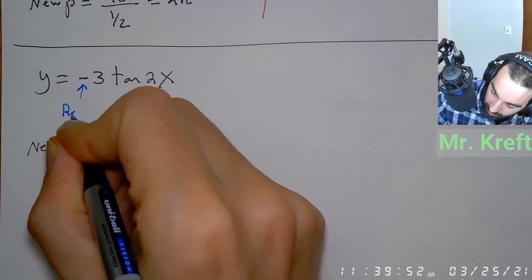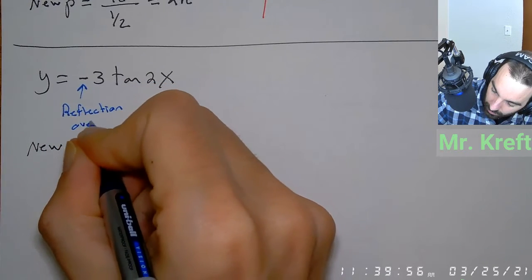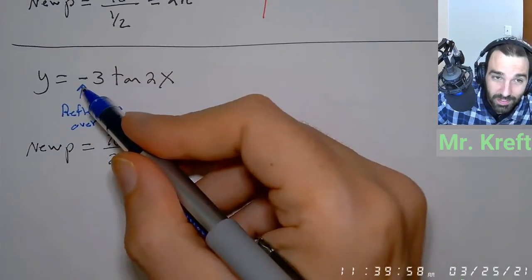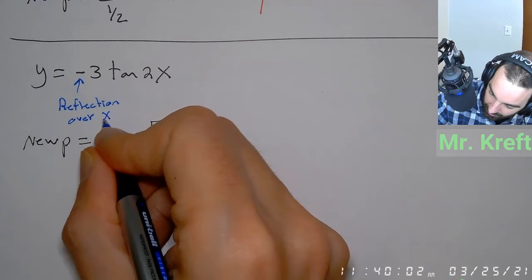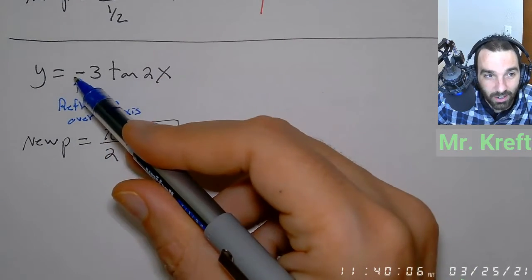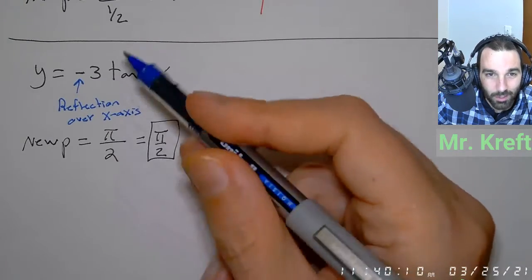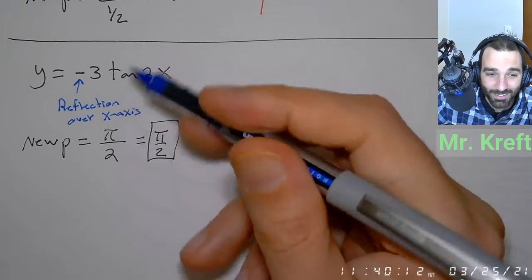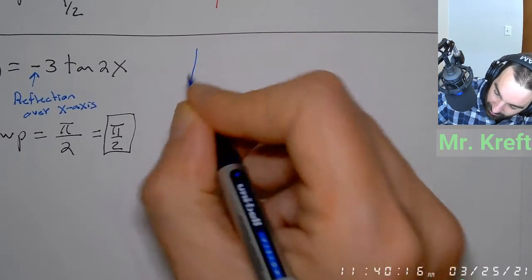And that means it's a reflection over the x-axis. It's on the outside, so I know it's output. Output goes up and down, and if I go up and down, what am I crossing? I'm crossing the x-axis. Okay, so let's go ahead and graph this.